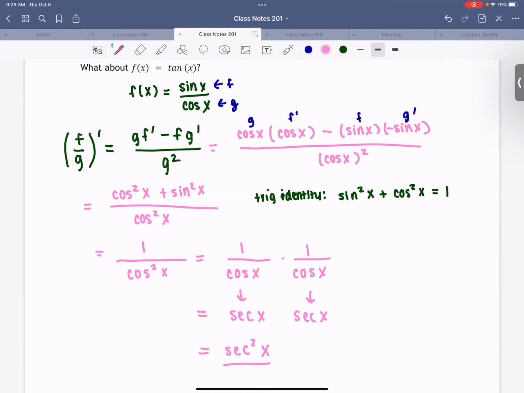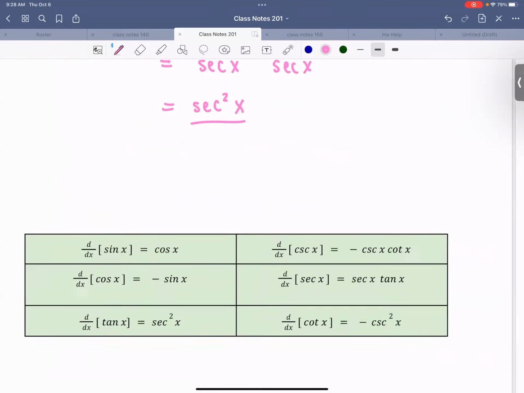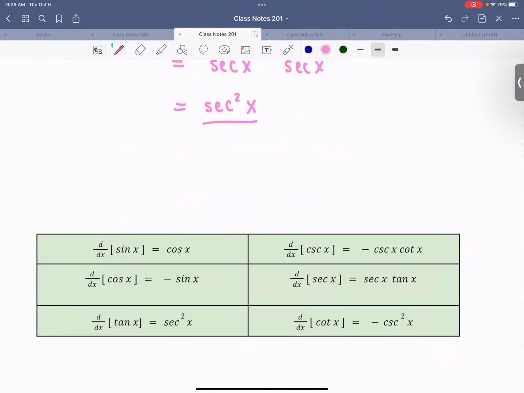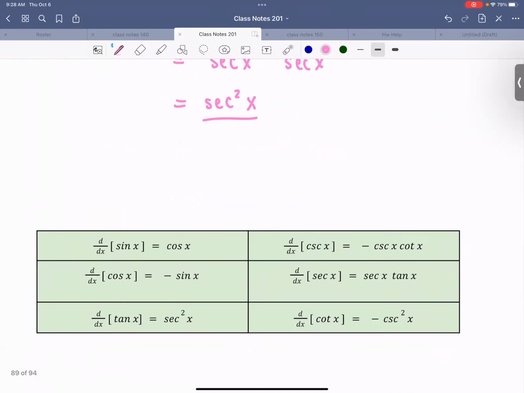Okay. Now, I'm not going to do the other identities because I think deriving the other trig formulas is very similar to deriving the tangent. So we won't do that. But what I have here is a list of all the derivatives of our trig functions, okay? So the derivative of sine is cosine. The derivative of cosine is negative sine.